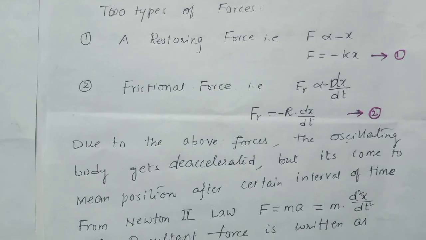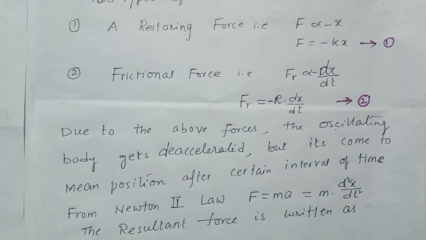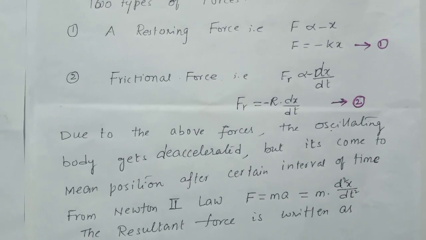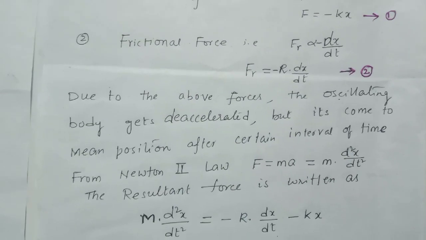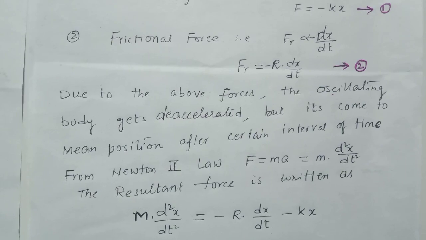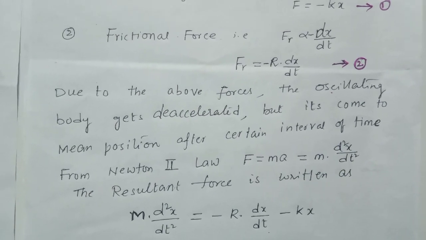So we get F suffix r equals minus R into dx by dt. Here R is taken as a proportionality constant. Due to these forces, the oscillating body is decelerated, and it comes to the mean position after a certain interval of time.